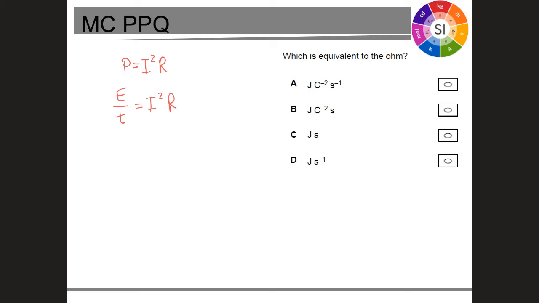Now, I has got units of amperes, and we don't have any amperes in there either, so we probably want to put the definition of current into there so that we can get some charge. So we've got energy per unit time is equal to charge per unit time squared times resistance, expanding that out. We can get rid of a factor of t in our denominator and then rearrange our equation for R.